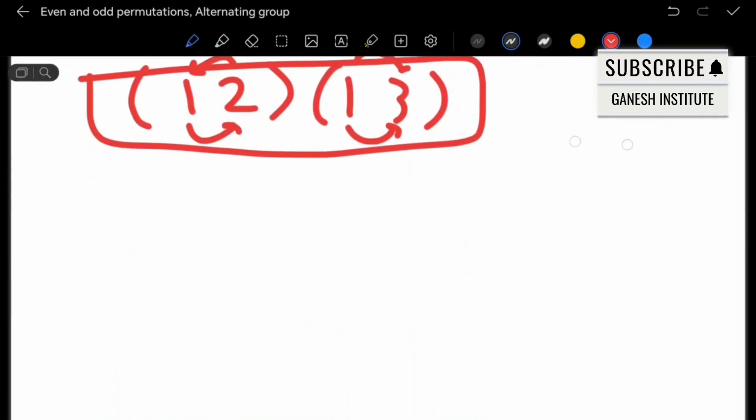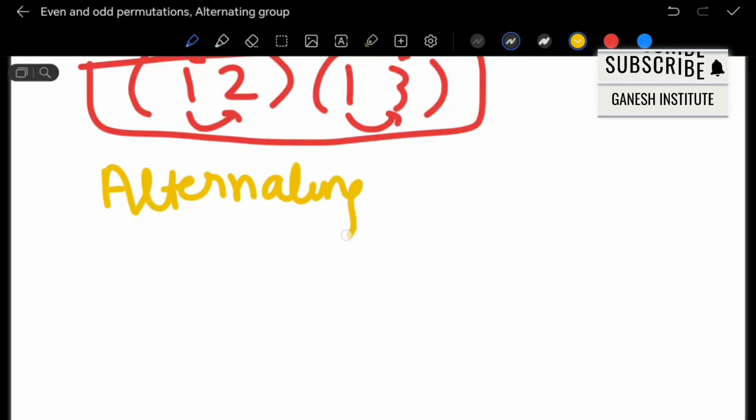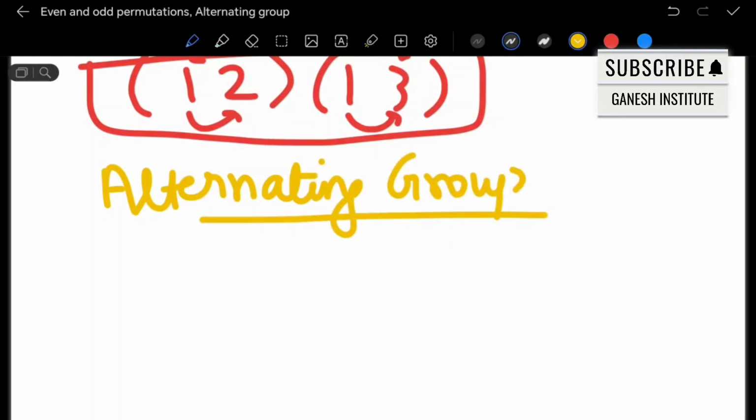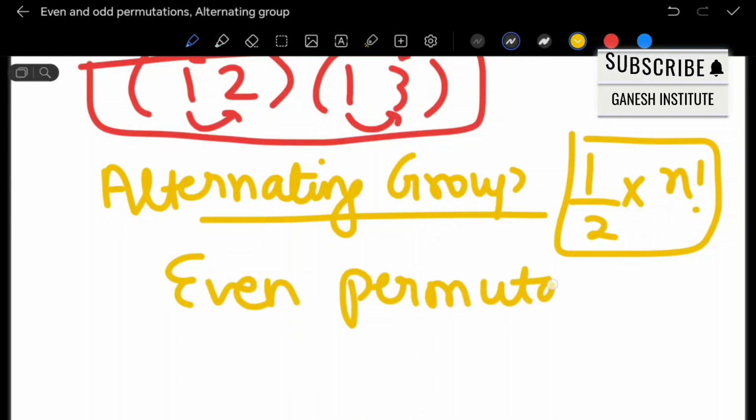Okay, got it? Now let's come to the alternating groups. In our last video, we talked about the symmetric group. This is alternating. That is half the size of the symmetric group. Why? Because an alternating group is the set of even permutations, but the symmetric group has all of the permutations.